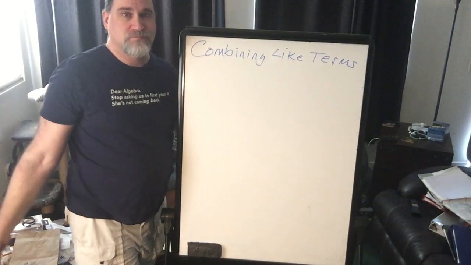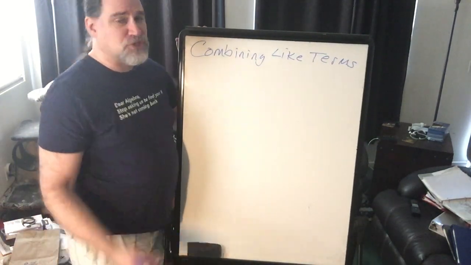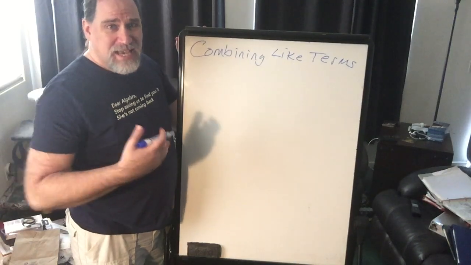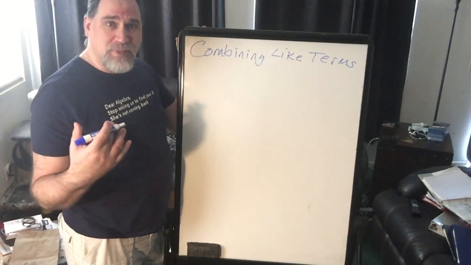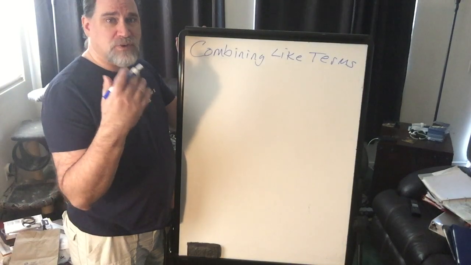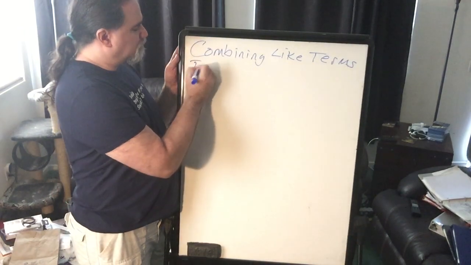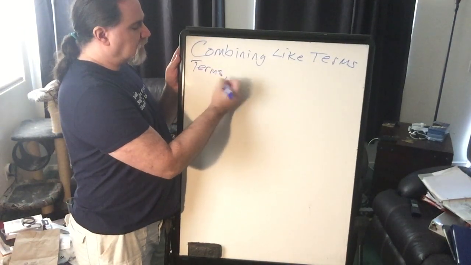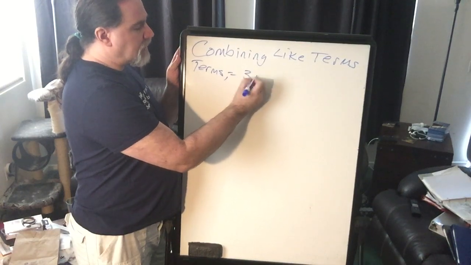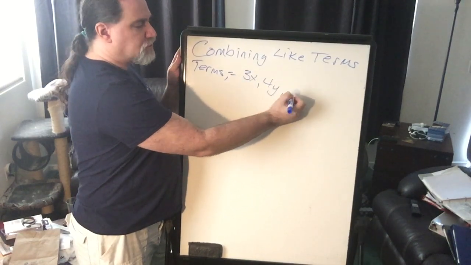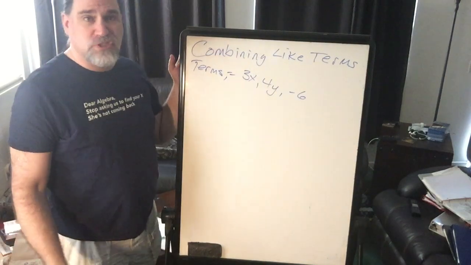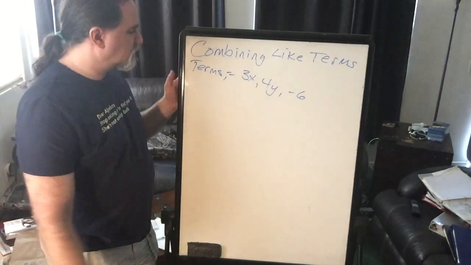Well, what does that even mean? Well, let's break it down. A term in math is anything. It could be a number, it can be an expression, it could have a variable. So term, that could be things like 3x, 4y, or just the number negative 6. Those are all terms. They're all a variety of terms.